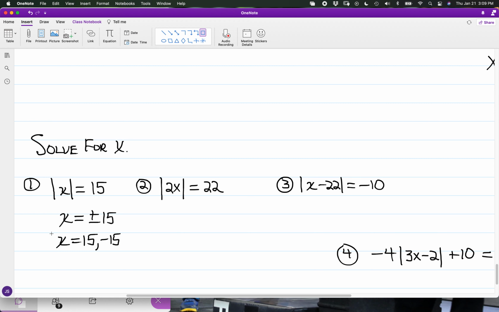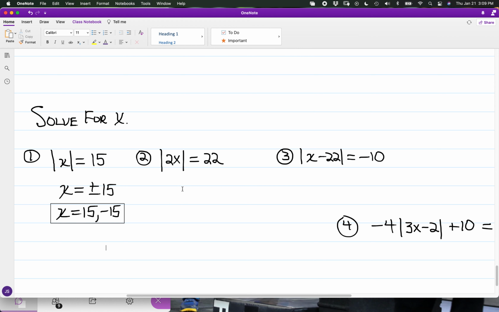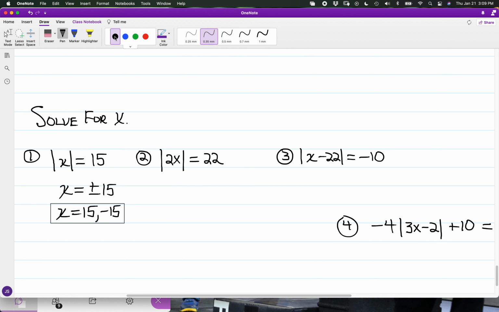For the second item, we have that the absolute value of 2x is equal to 22. As we take care of the absolute value bars, going from the absolute value of 2x to 2x, again, 2x is going to be 22 units away from 0 on the number line.